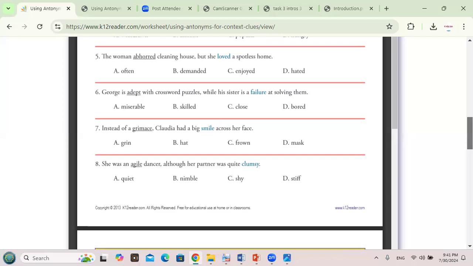Agile means a person like ballerinas, or very light animals that move very quickly, gracefully. So she dances really well, and she's able to move very quickly, and her partner was quite clumsy. He doesn't know how to move well. Shy means a person who is kind of timid. And I can say the opposite also, here we have the word nimble.